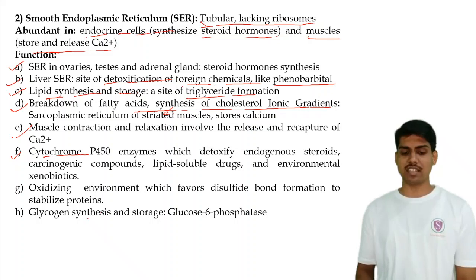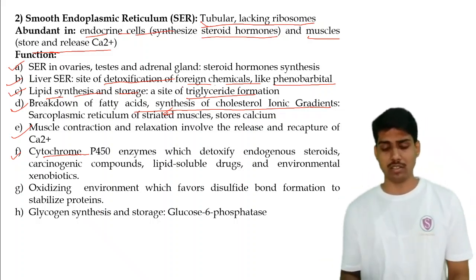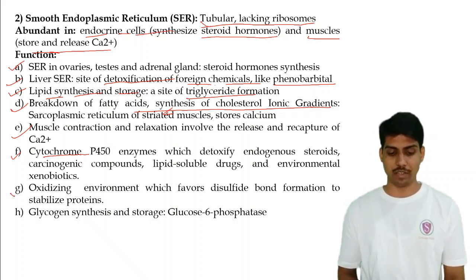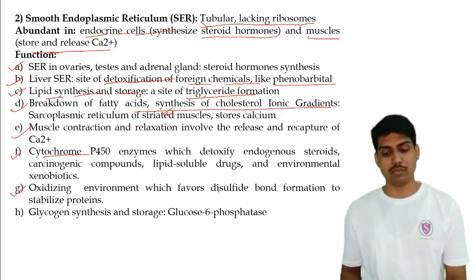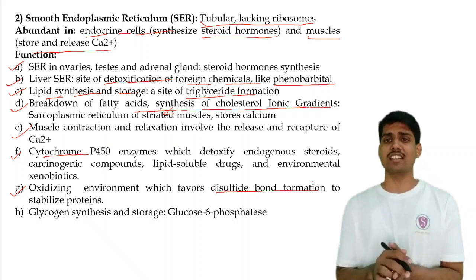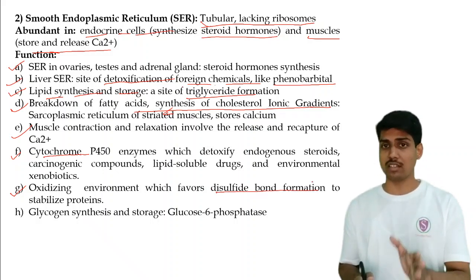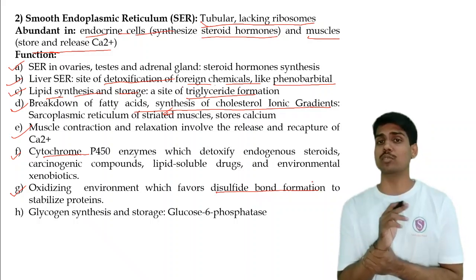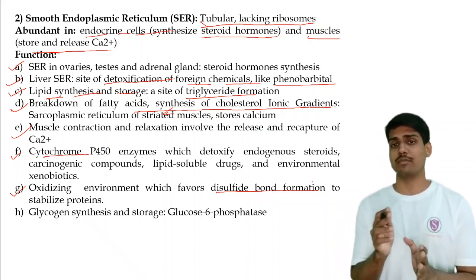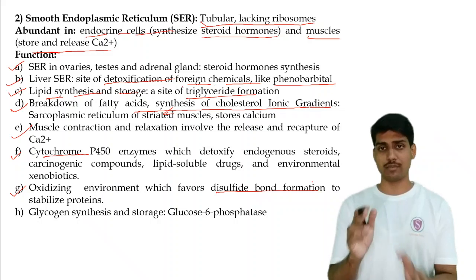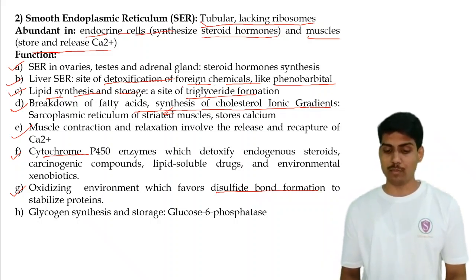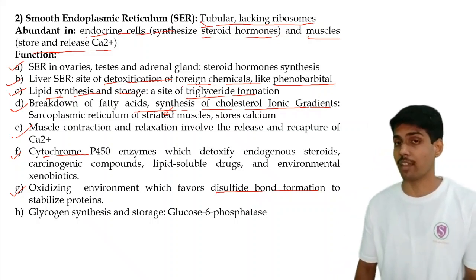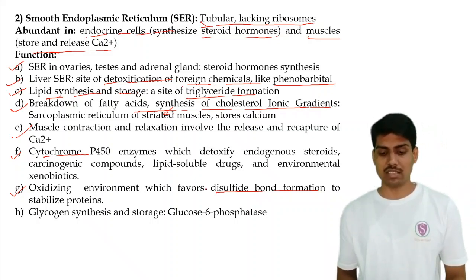Next, the inside environment of this endoplasmic reticulum is a kind of oxidizing environment, right? So it favors the formation of disulfide bonds, and this also happens in the rough endoplasmic reticulum, because the inside environment of the rough and smooth is kind of the same.